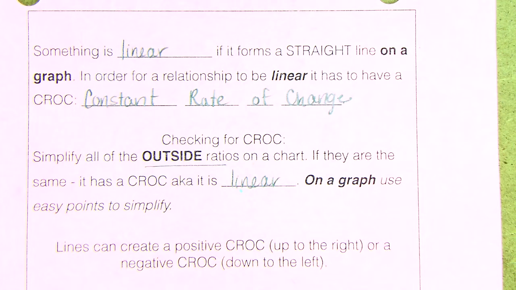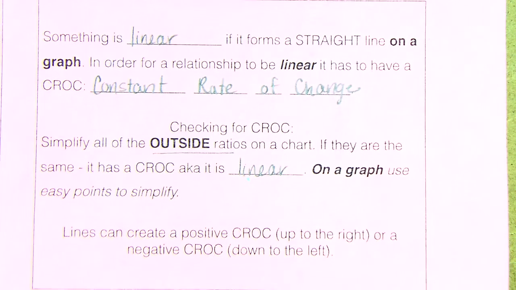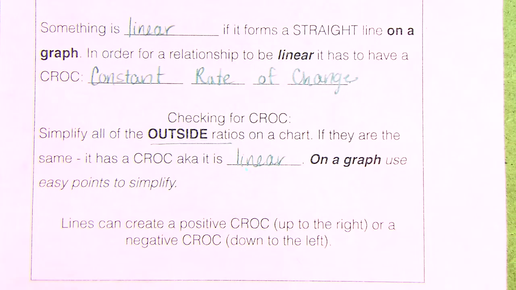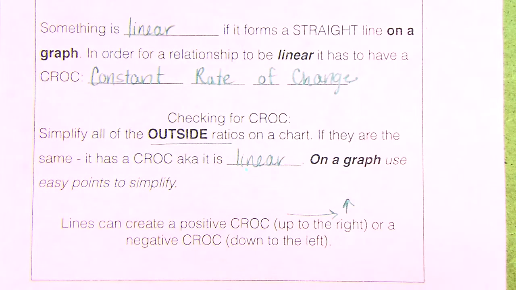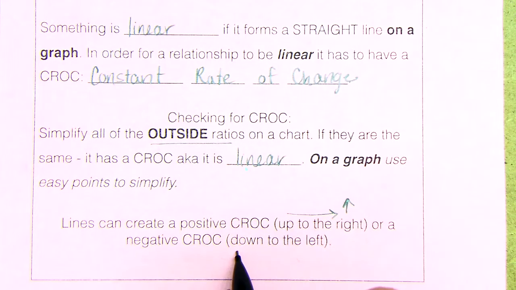Lines can create a positive constant rate of change, meaning as it goes to the right, it goes up. Or a negative rate of change, which just means as it goes to the right, it goes down.